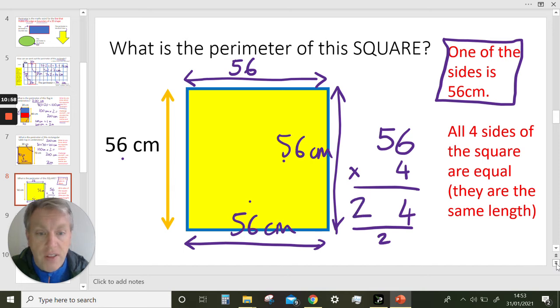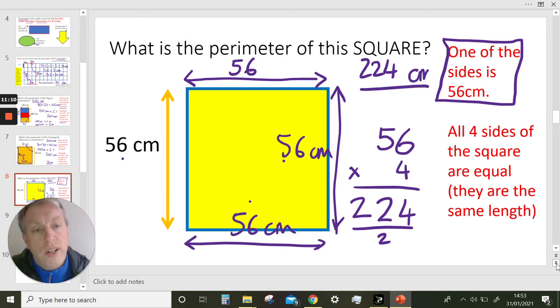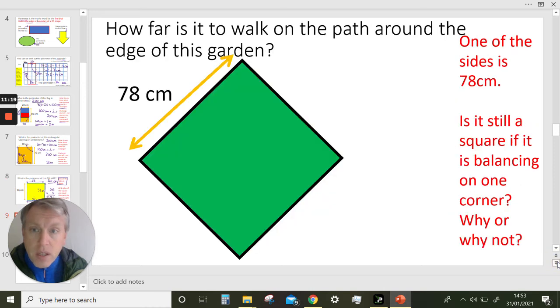Don't forget the 2. 22. And our answer is the perimeter of this square 224? No, 224 centimetres, which actually would be 2 metres and 24 centimetres if we want to add that in.